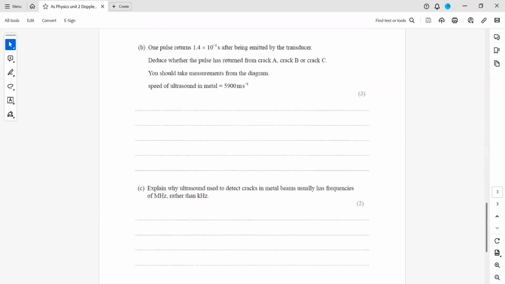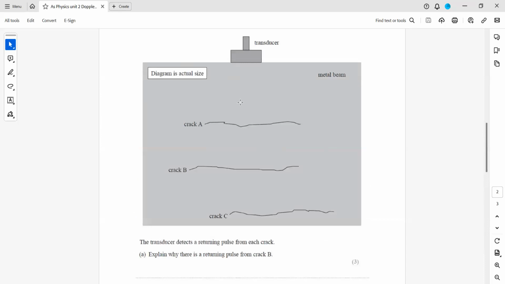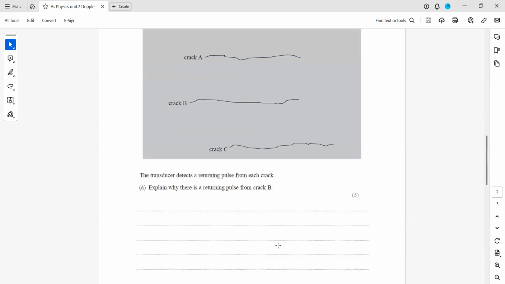Using those distances, find the time for each, and you can identify which crack it is reflected from. You have to do a measurement for each. For example, if it matches with A, then you don't have to do it for B and C.